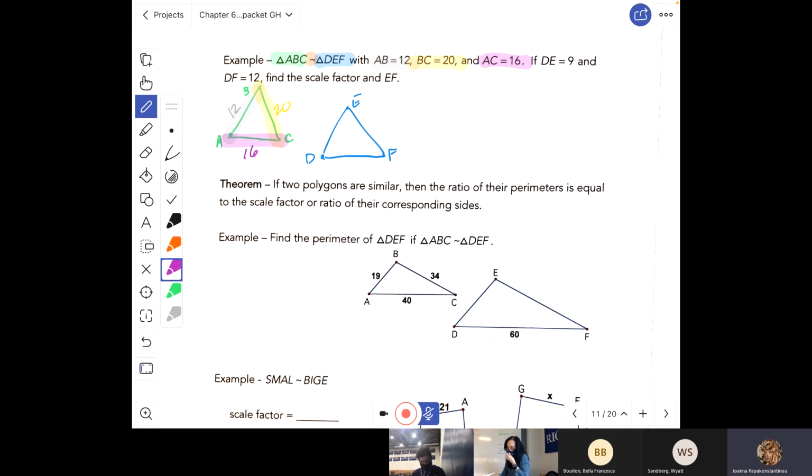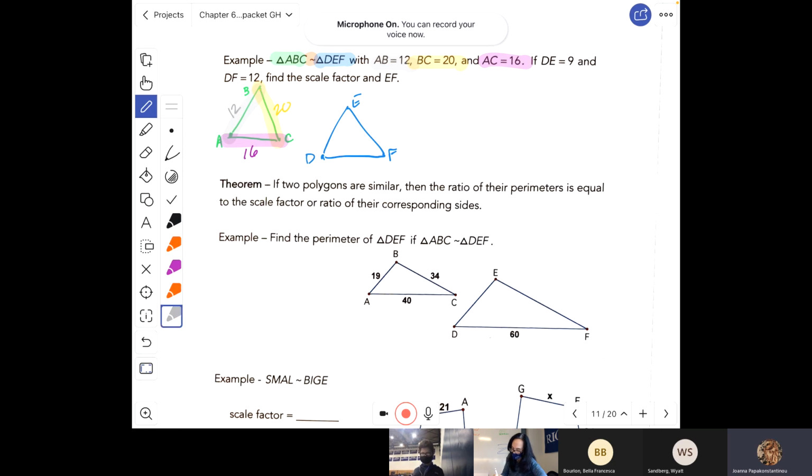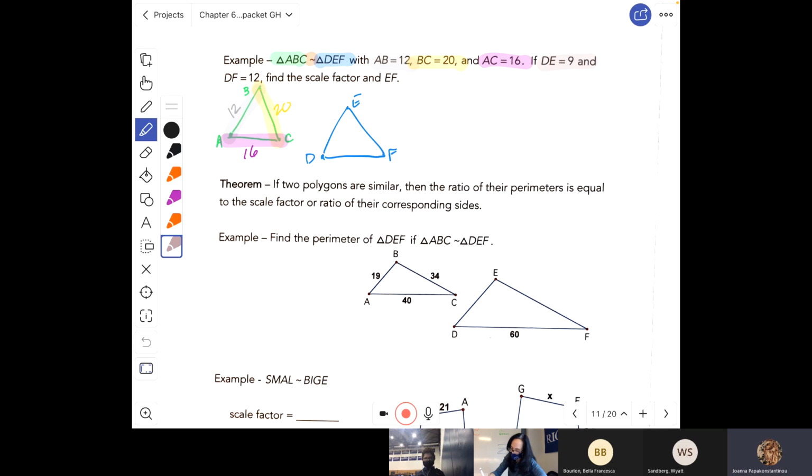Now, let's go to the second triangle, DEF, and see what we've been given. We have been given that DE is 9. And I know that DF is 12.